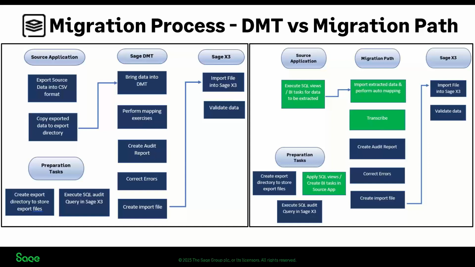Here on the left and right is a comparison of the core DMT to the Sage 500 migration path, as we're calling it. There are some key differences between the two, with some new features added within the tool.